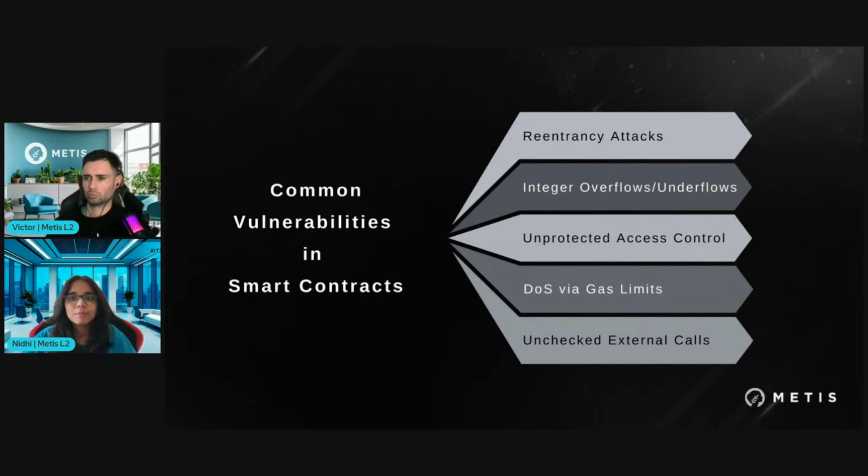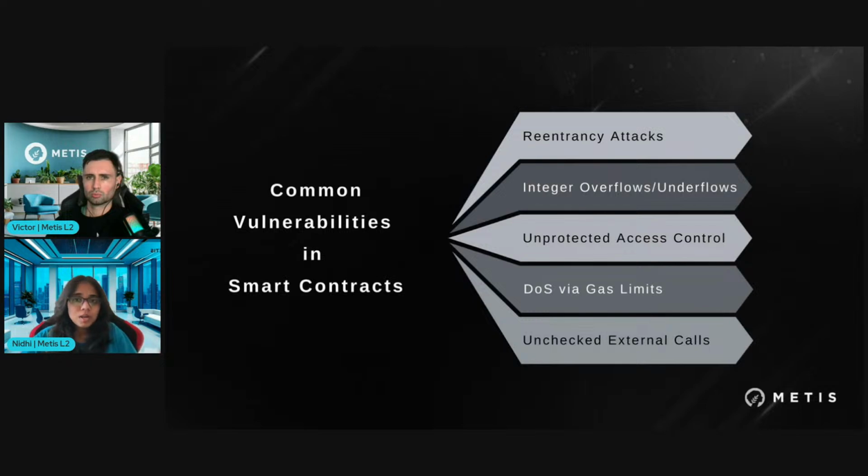These are pitfalls that come up time and time again, and understanding them is critical to avoiding costly mistakes. First, we have the reentrancy attack. We're going to look at this particular attack on the next slides, but let me give you a basic overview of what it is.